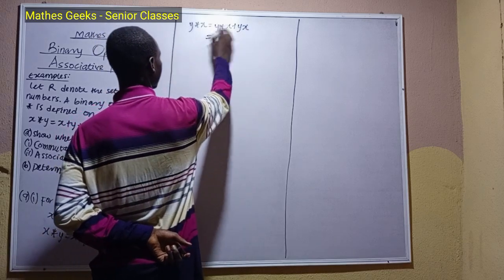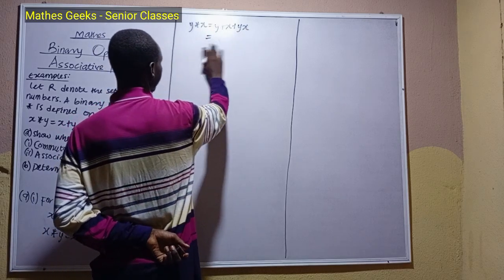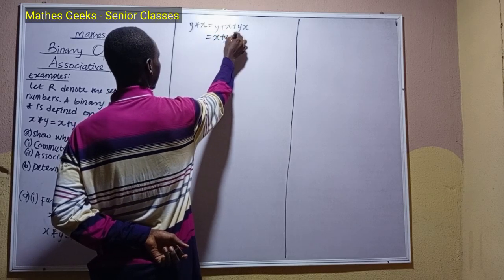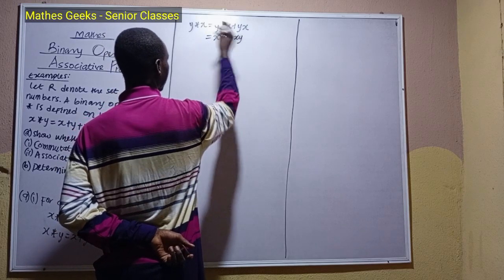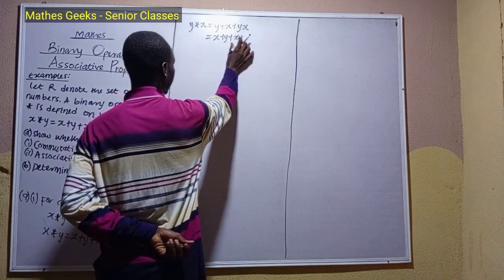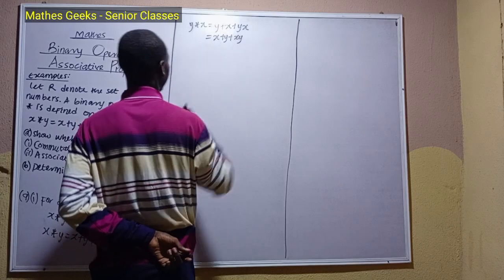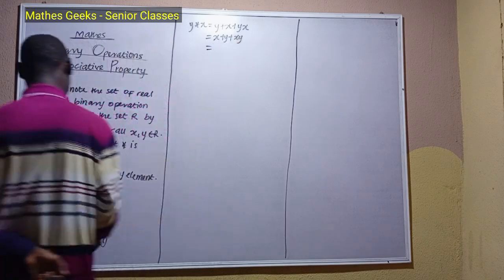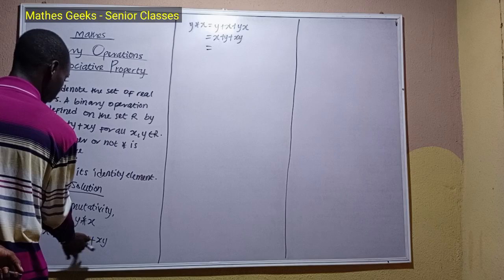So rearrange the ordering of the letters alphabetically: we have x plus y plus xy. Since addition is commutative and multiplication is commutative, either of them will give you the same answer. So this is the same as x star y, which is x plus y plus xy.